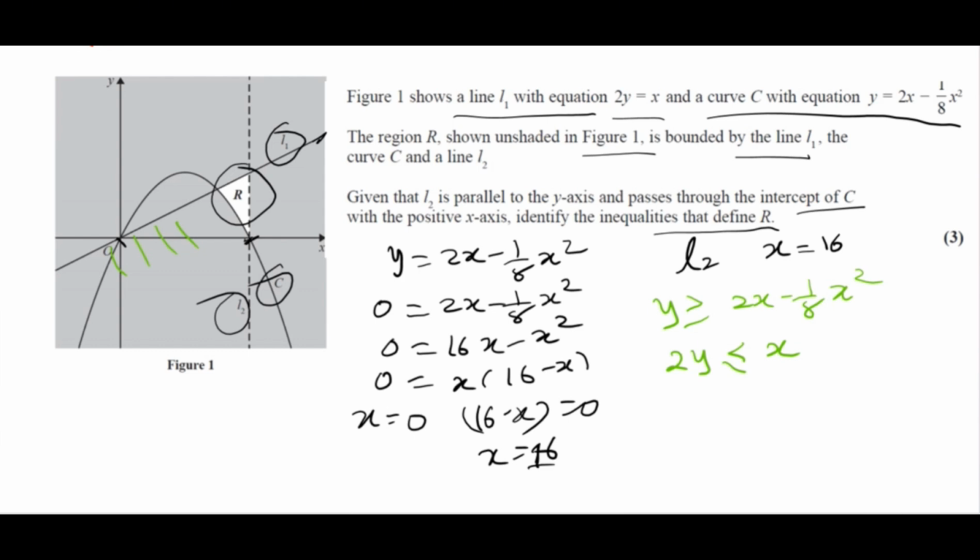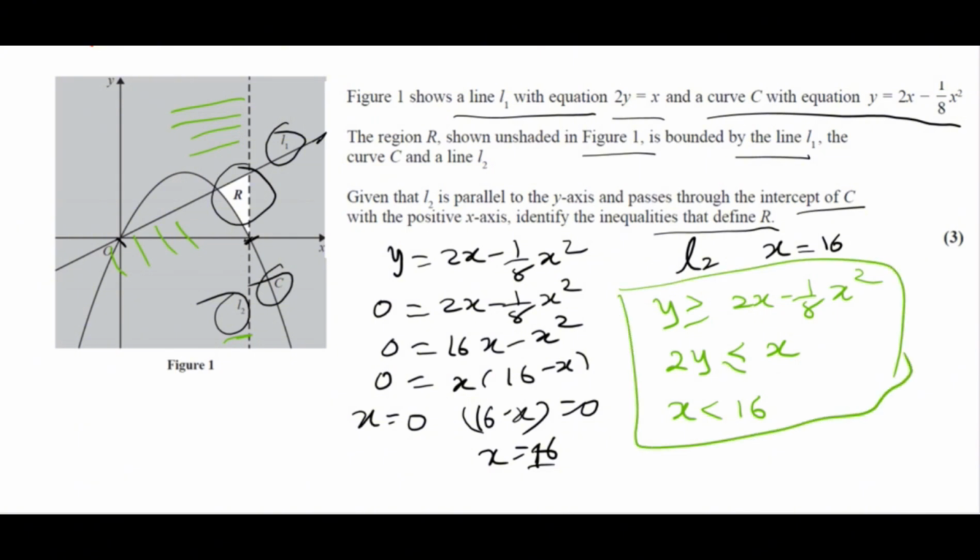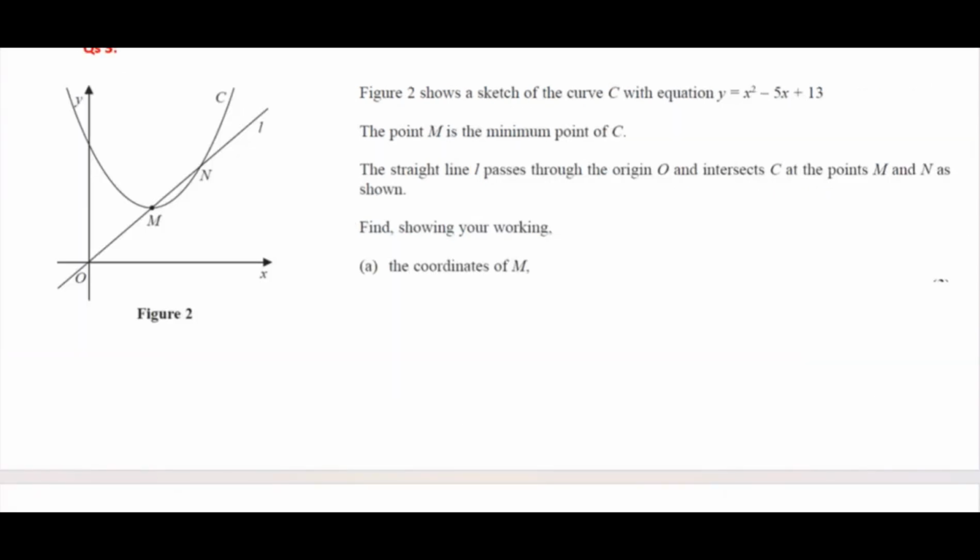As you can see, this is the lower side of x is equal to 16. So I can write x less than 16. Now I am not putting the equal to sign because, as you can see, line L2 is a dotted line. So region R is represented by these three inequalities. Move to question number 3.